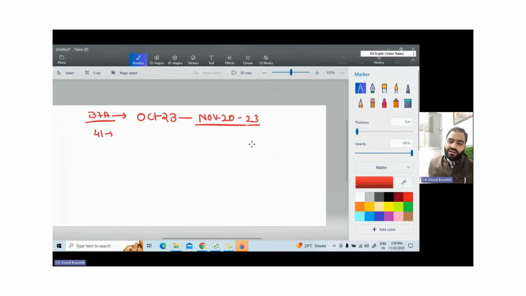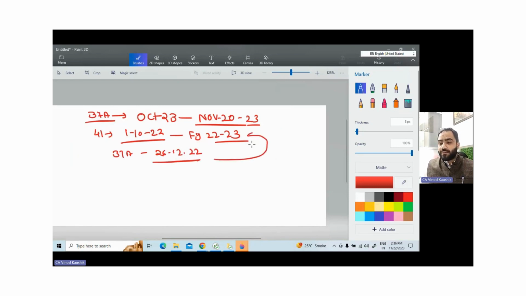Further, 41 has been amended with effect from 1st of October 2022. So how can it be made applicable retrospectively to the entire financial year? 37A has been introduced from 26th of December 2022. Again, you are implementing provisions practically through GSTN with retrospective effect, and there is no provision existing on the date of implementation.